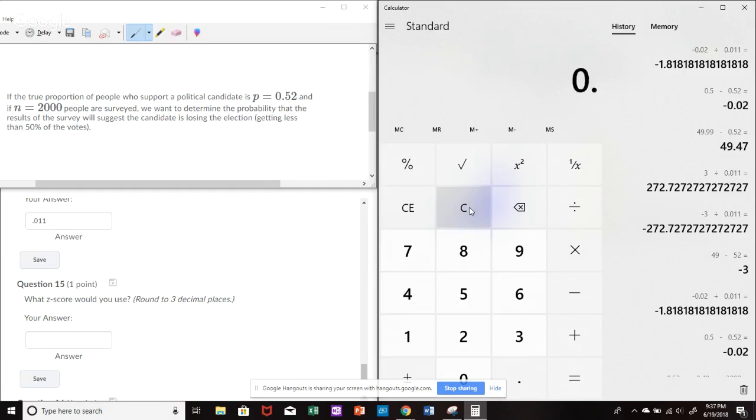See, no wonder. Sorry, I'm rambling, but I want to look at this, right? 49.9 minus 2.